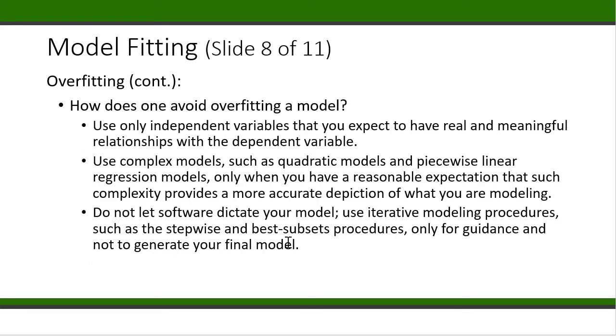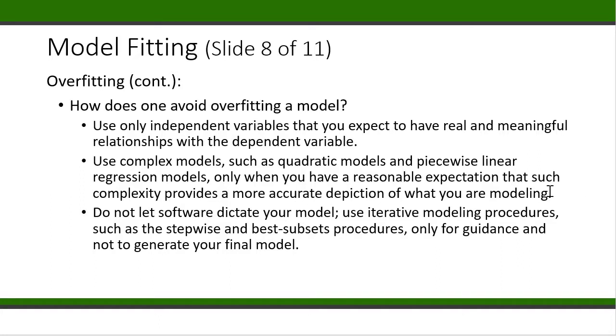So here are some things you can do to avoid overfitting. Use only independent variables that you expect to have real and meaningful relationships. Use complex models like the quadratic model or piecewise linear regression models only when you think there's a reasonable expectation that the complexity provides some more accuracy in your model.